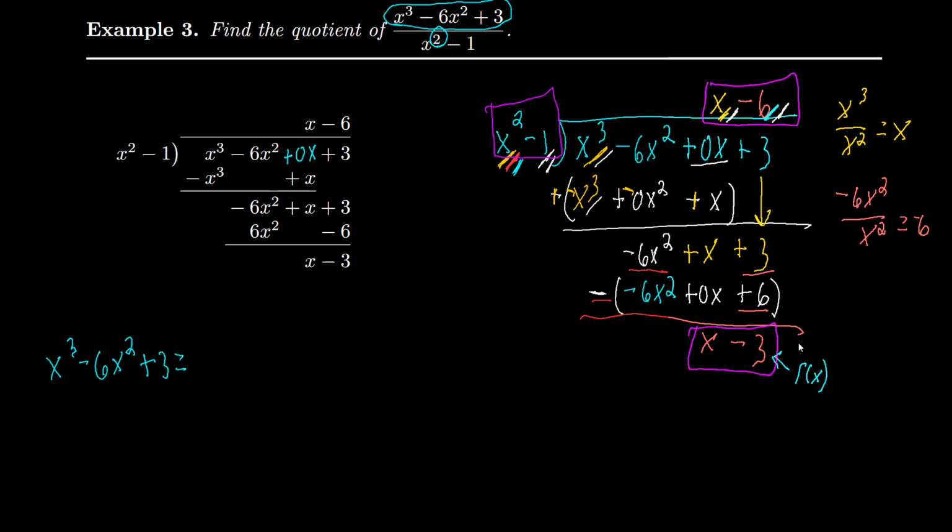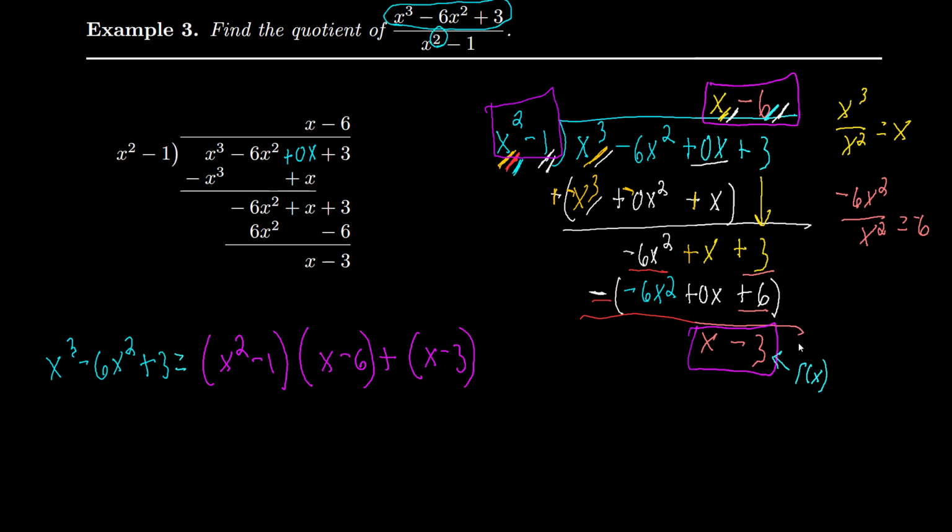What's this? It's x squared minus 1 times x minus 6 plus x minus 3. And if you want to go ahead and do the foiling and everything and check to make sure that that's true, I guarantee you it is. Go for it. It'll work out exactly like it's supposed to. So that's what we did.